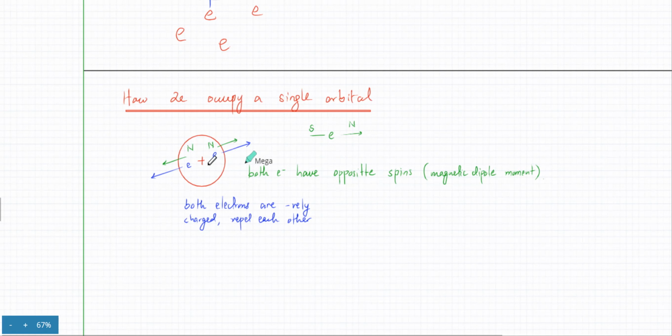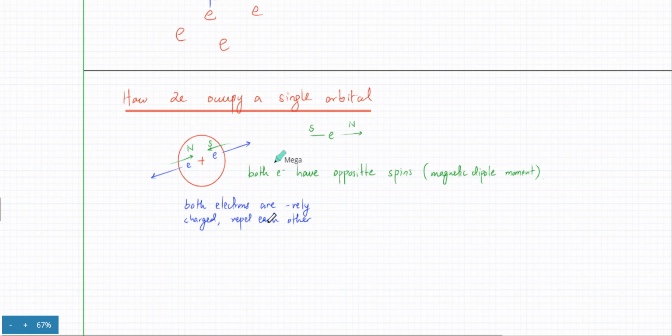The negative charges would be repelling each other, and the magnetic fields would also be repelling each other. So you want the magnetic fields to be opposite, so that they start to attract each other. So this is how two electrons can cancel out their force of repulsion.